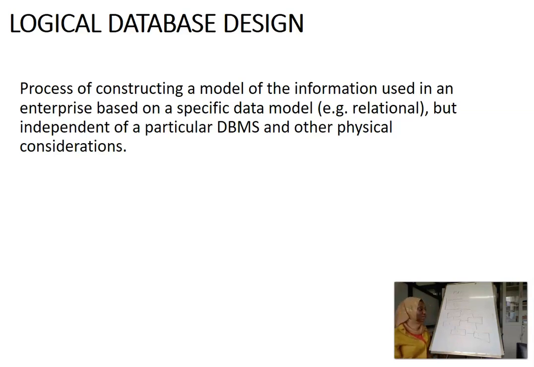Then we have the logical design. The input of the logical design is the conceptual design. So the conceptual design gives us input into our logical design, and in the logical design we usually have relations, which are tables. So in the conceptual design we have an entity or entities, but at the logical level we have tables.